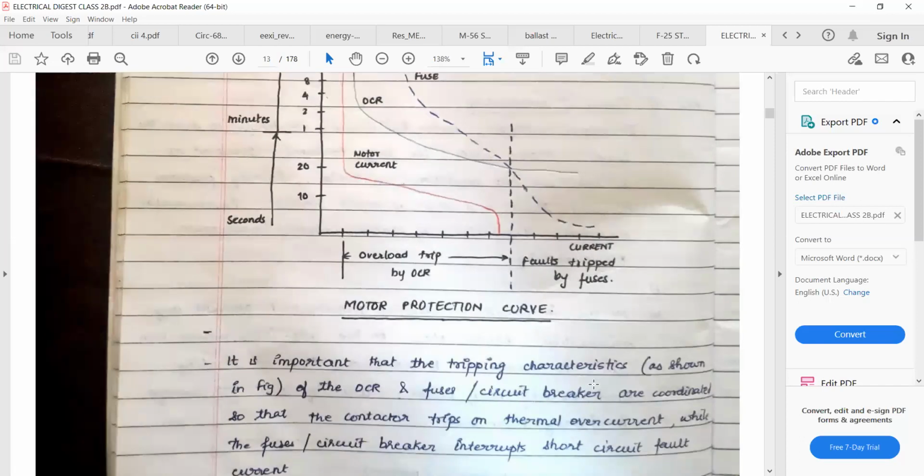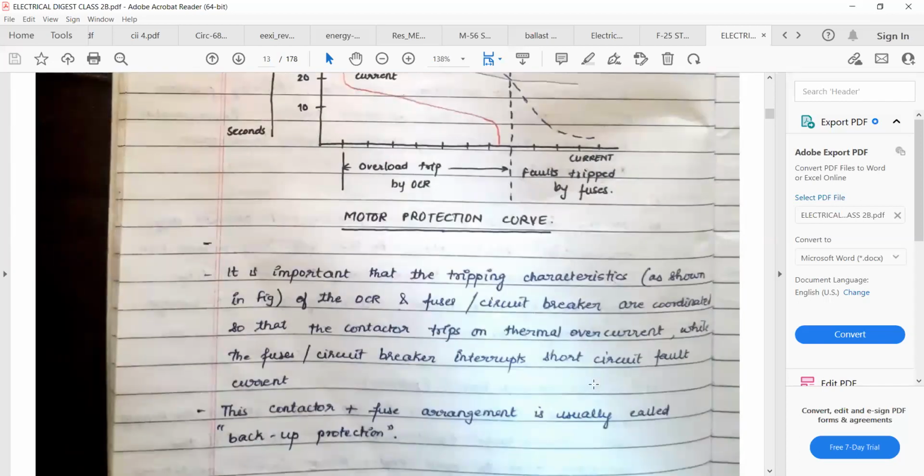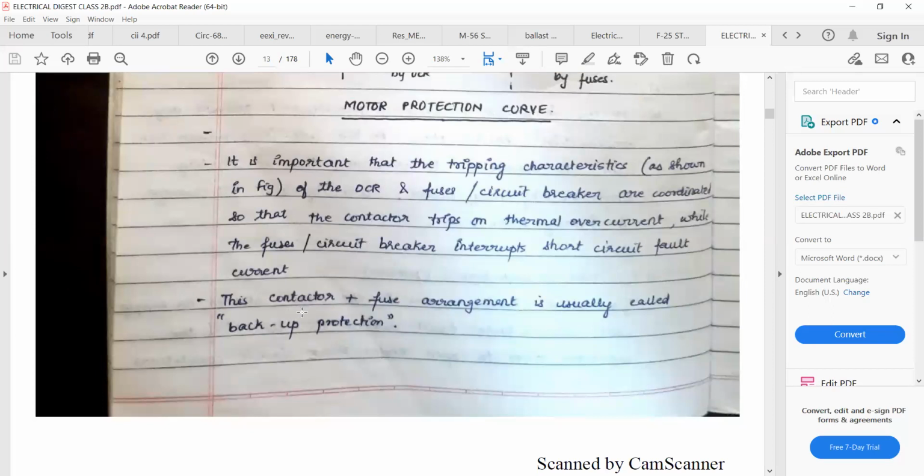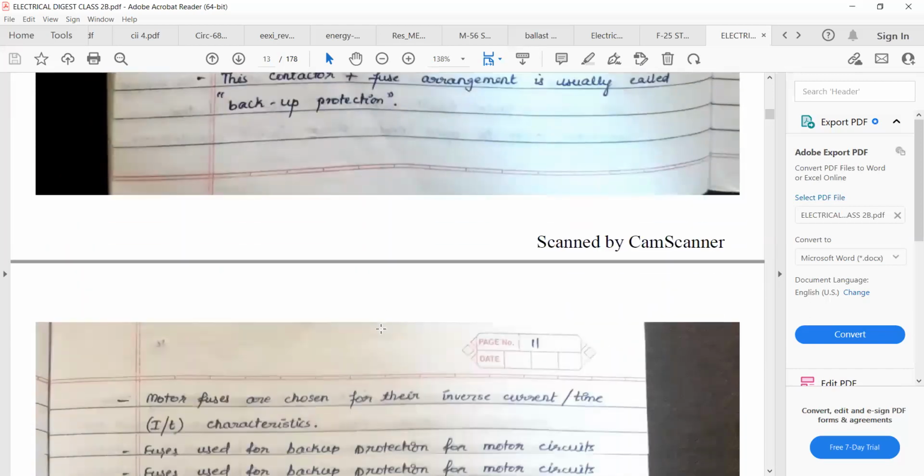So your OCR is provided for thermal overcurrent, whereas the fuse and circuit breaker are provided for the short circuit current. This contactor-fuse arrangement is usually called backup protection.